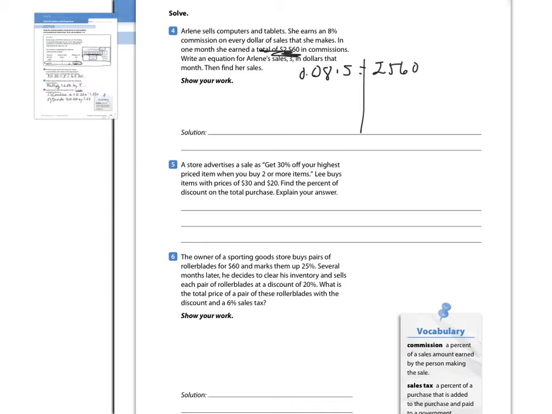Solving that equation, isolating the variable using inverse operations, we would divide both sides by the 8%, or 0.08, and that tells us her sales equal $32,000. Arlene, you're a good saleswoman.